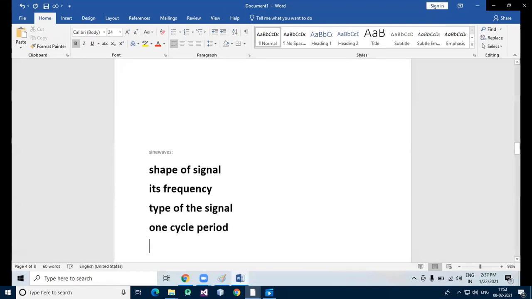So this point is expressed via time domain, but we cannot know anything about what frequency components are present and in what proportion they have been mixed. In order to obtain the particular shape of the signal, all the information can be obtained from the line spectrum of the signal.